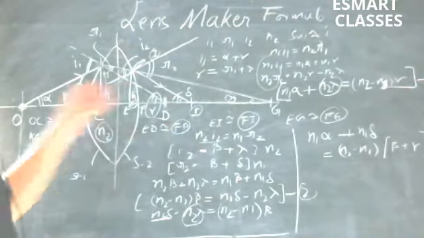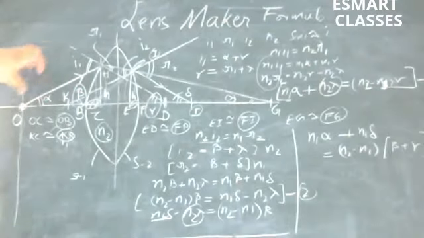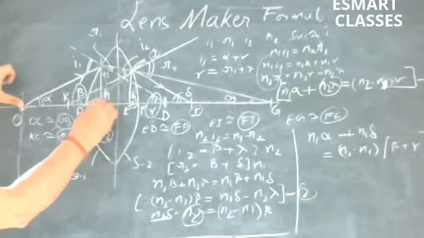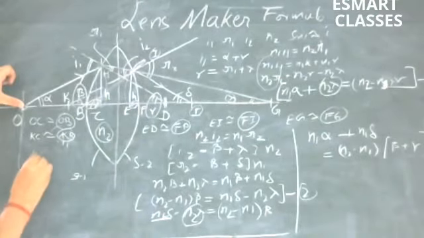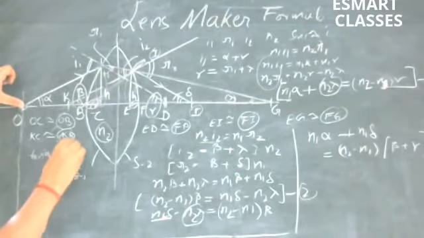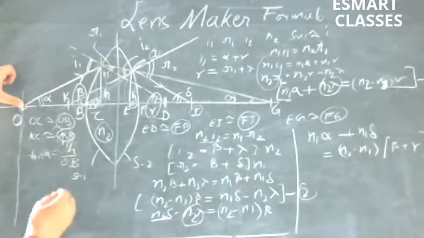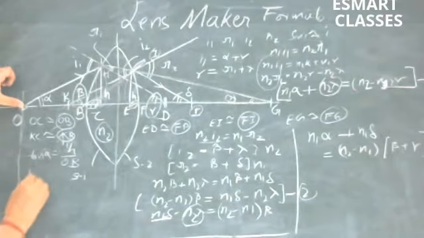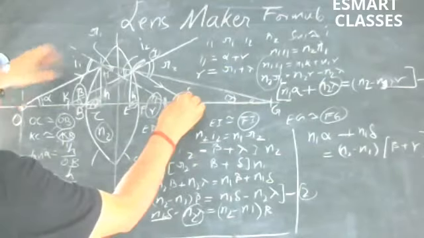Now what is alpha? We take tan alpha. Tan alpha is H upon OC. But instead of OC, we are taking OB. So tan alpha is H upon OB. What is tan delta? Tan delta is H upon, where is delta? This is delta.